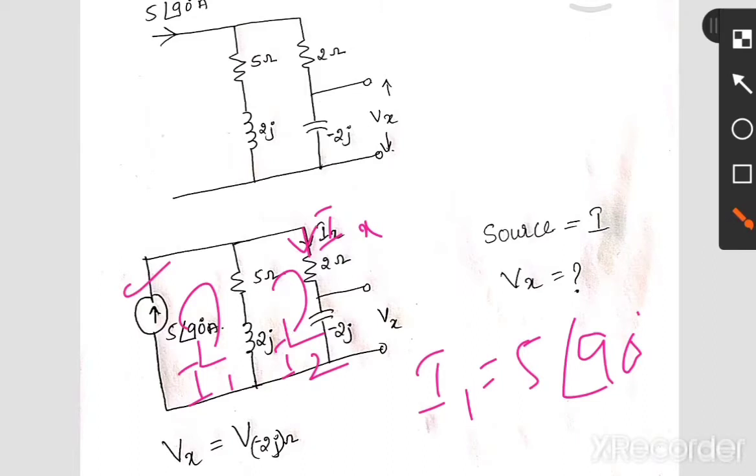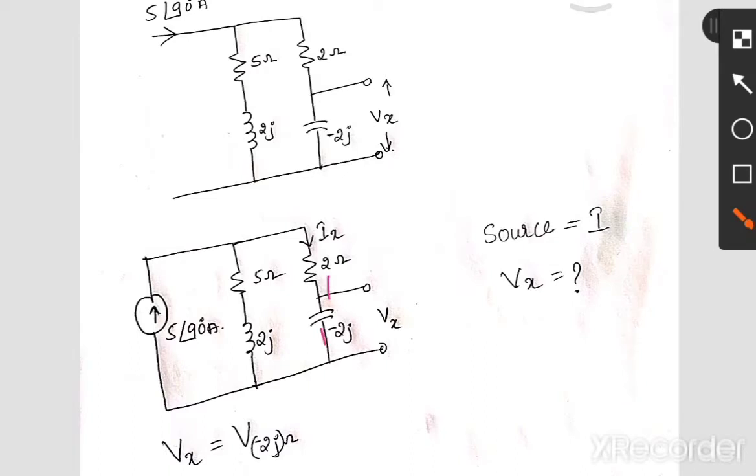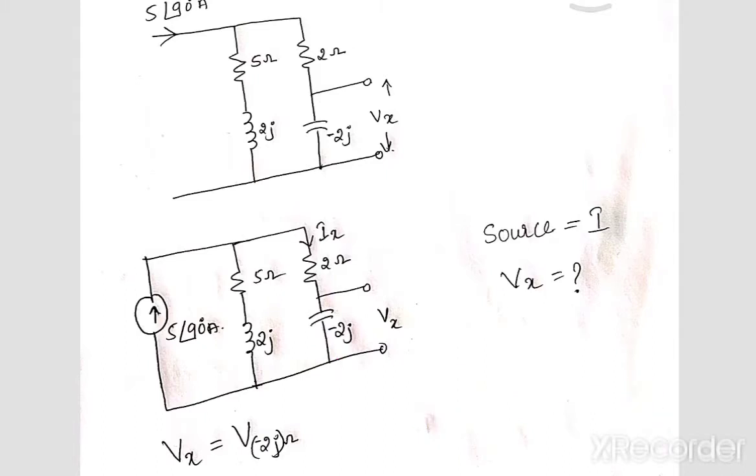Directly you can take phi at an angle 90 ampere, and here I2 is nothing but your Ix, which is the current flowing through your capacitor, the minus 2j ohm. That we have to calculate.